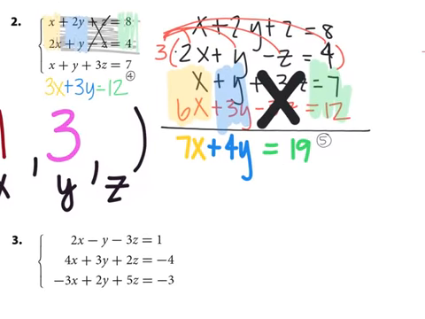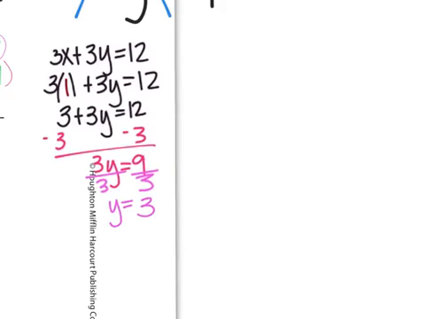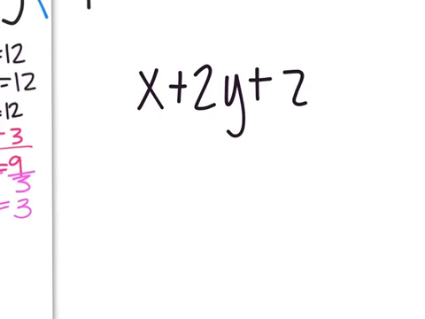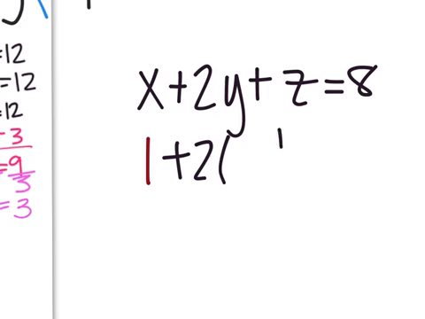So the first equation said x plus 2y plus z equals 8. So I'm going to write that out. I have x plus 2y plus z equals 8. But we know that x is what? 1. And then y is 3. So plus z equals 8.